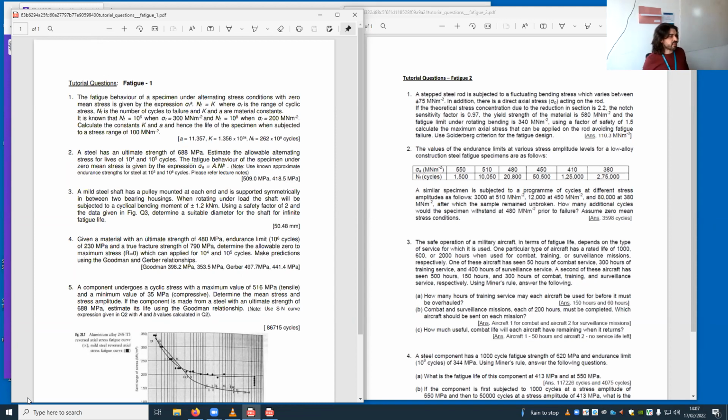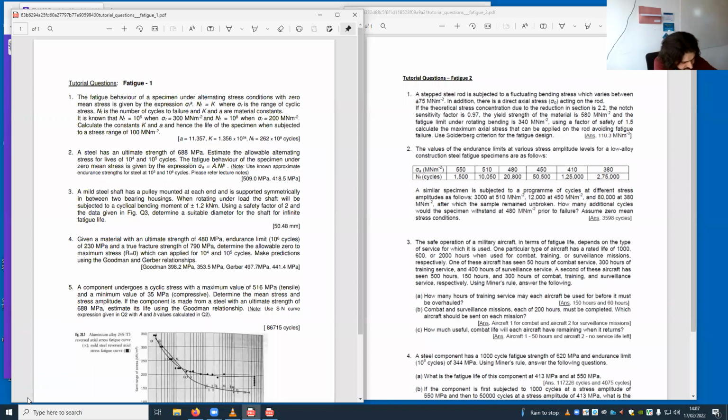Remember, this is an exponential equation, but in a log-log plot, the exponential equation is just the equation of a straight line. So that means we only need two experiments, which we have, in order to interpolate and extrapolate the behavior at any stress range or at any number of cycles to failure.